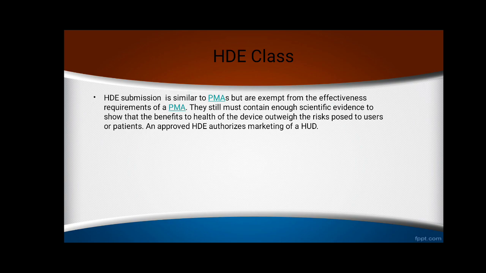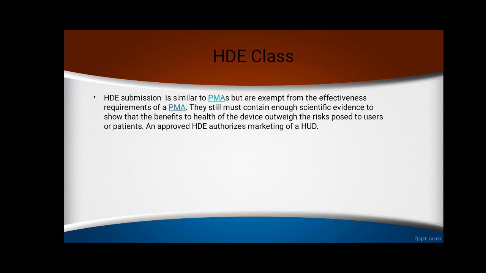An HDE submission is similar to a PMA but is exempt from the effectiveness requirements of a PMA. It still must contain enough scientific evidence to show the benefits to health of a device outweigh the risk posed to users or patients.